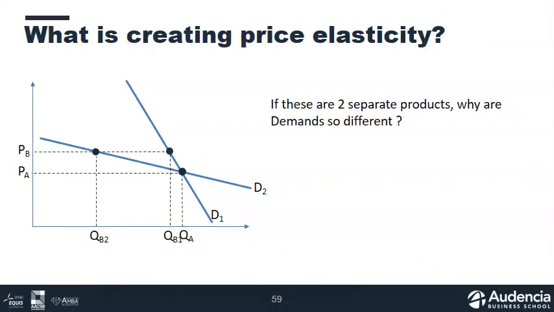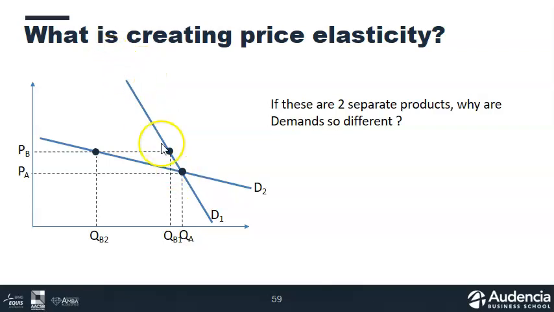And if these were two separate demands and two separate products, why would that be the case? Now, it could be two separate demanders for the same product. We may have, for example, how much people are ready to pay for a new car. Okay, so you could have the demand of young people, maybe people that are just starting their job, and as the prices of the new car go up, they don't buy a lot of new cars.